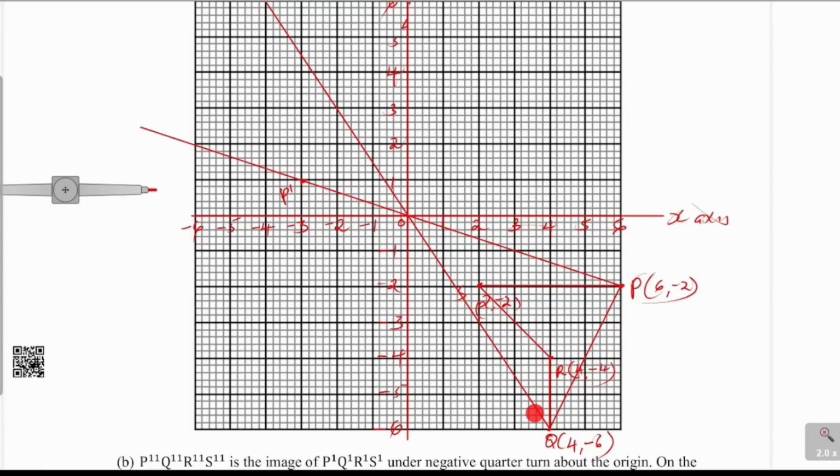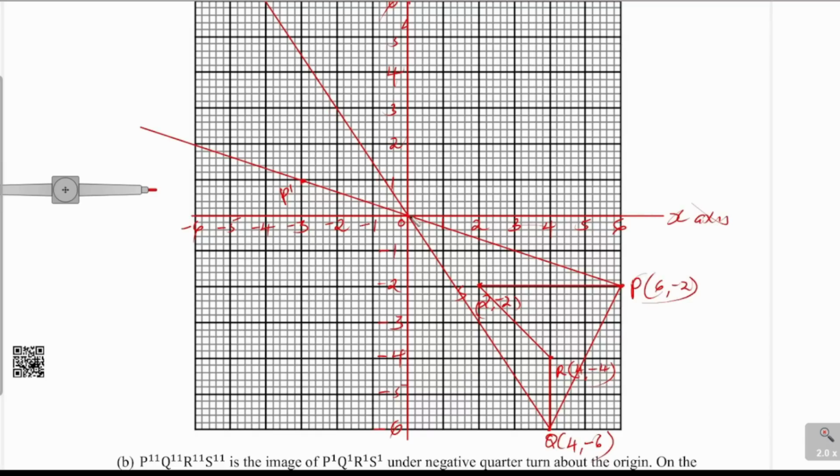This is 1, 2, 3, 4, 5, 6. There are 6. So enlarging by 1/2, from the origin you're going to count 3 squares along that straight line, 1, 2, 3, like that. So that is 1 square, 2, and then the third one will be there.